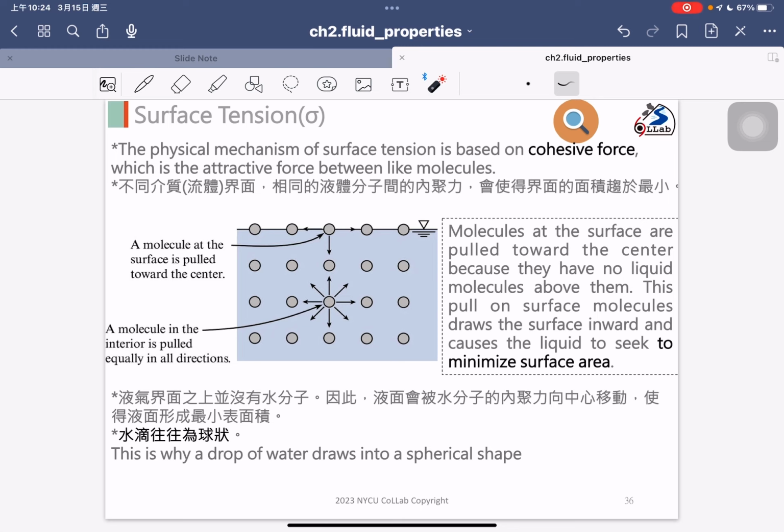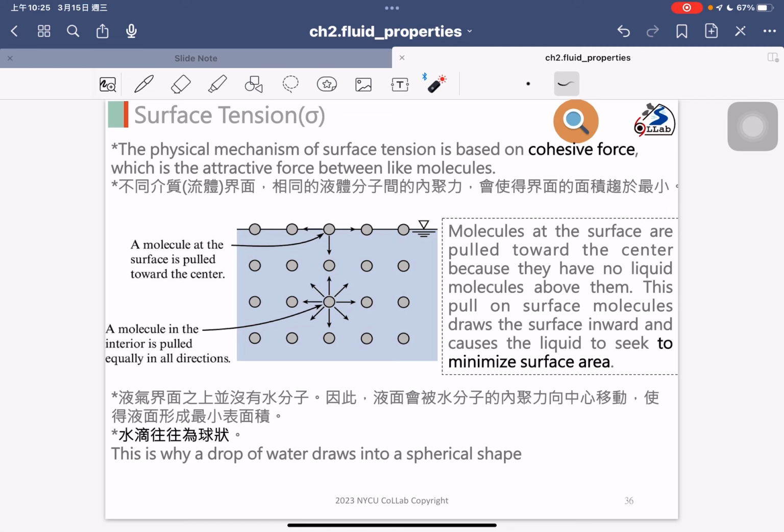The physical mechanism of the surface tension is based on cohesion force. Okay, as I explained before, which is an attractive force between like molecules.